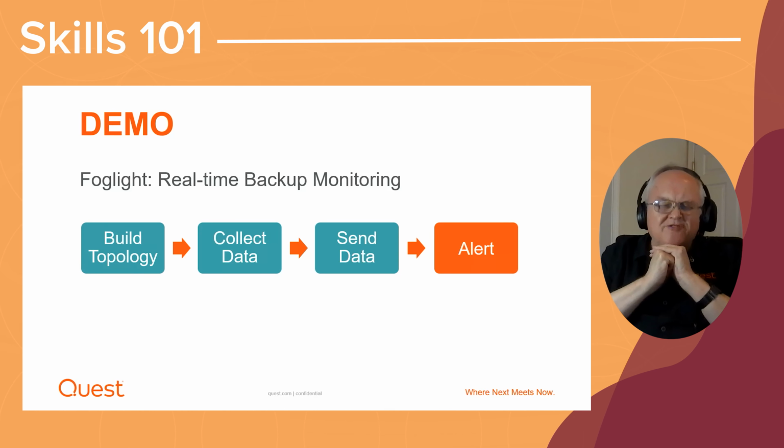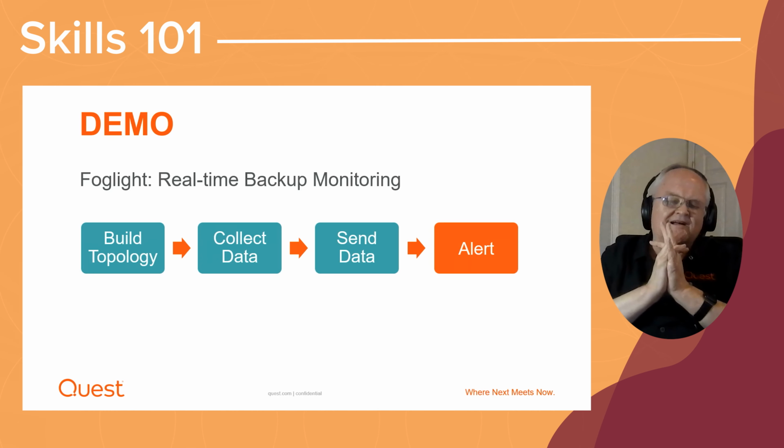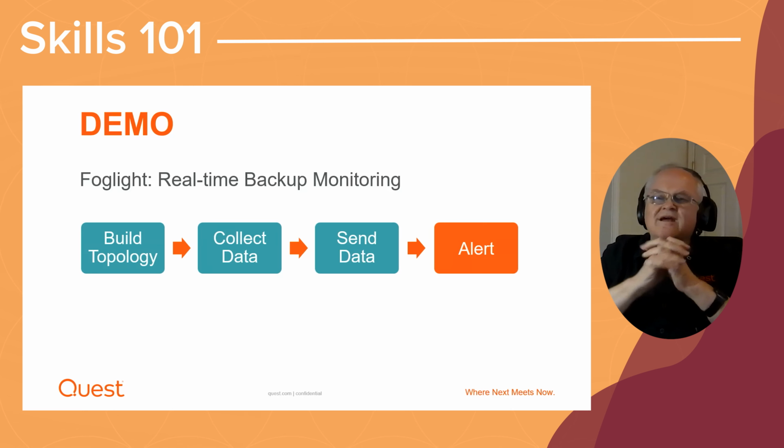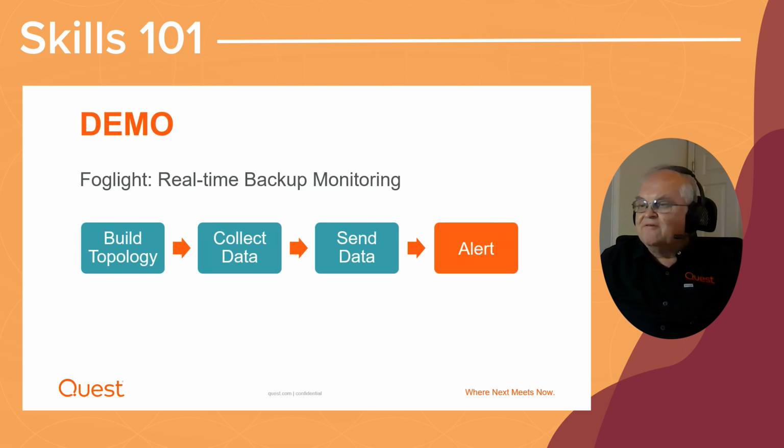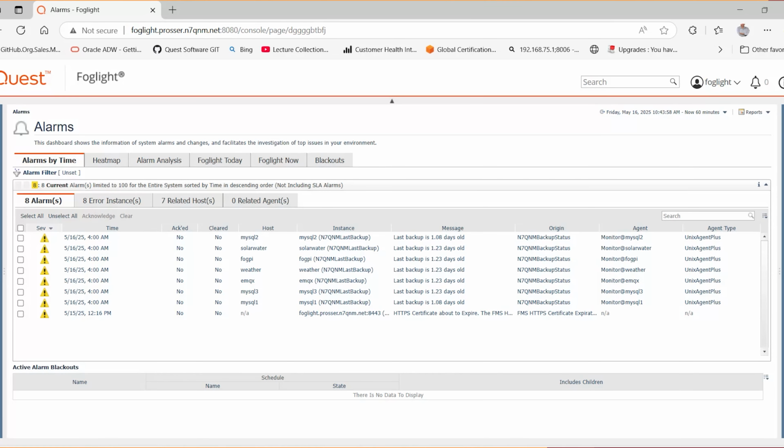But I want to make sure I keep track of that, and I want to make sure that all my hosts are being backed up, and that I don't have a backup that's out of date. So I built a topology object that tracks my backups and associates with my Foglight hosts. I built a little Python script that collects the data. That's my agent, if you will. And I send the data, and then I built some alerting on top of that. So let's go ahead and get started with the demo here.